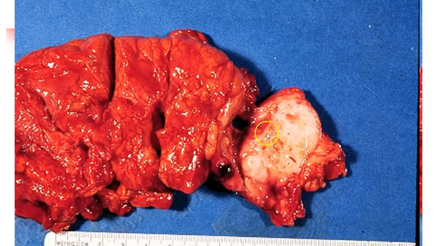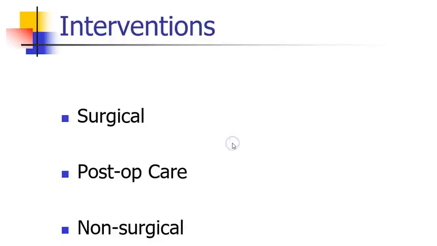So here is a whitish area. Here is that pancreatic tumor. We can do minimally invasive surgery via laparoscopy, or we can do something called the Whipple procedure, a very extensive abdominal surgery where they're removing the head of the pancreas, the distal end of the stomach, maybe even a total gastrectomy, removal of the upper end of the colon.